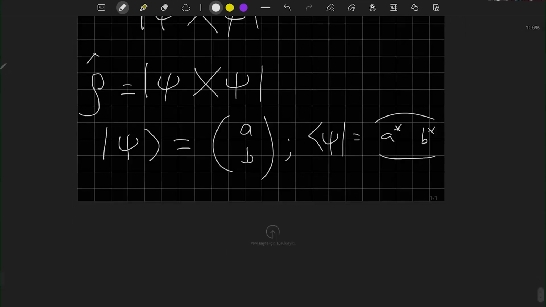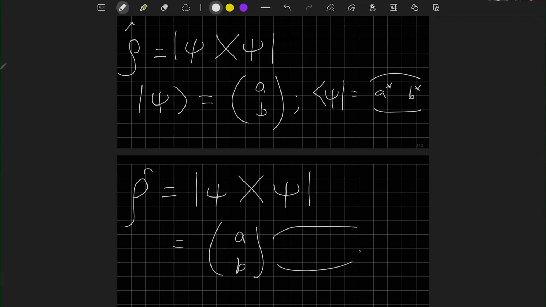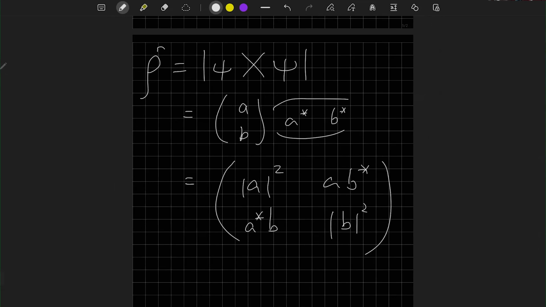And if I were to compose the two together in the form of an outer product, I would get the column (A, B) times the row (A star, B star). Now I can form the matrix product. I will get |A|^2, A B star, A star B, and |B|^2. So this is an example of a density operator.